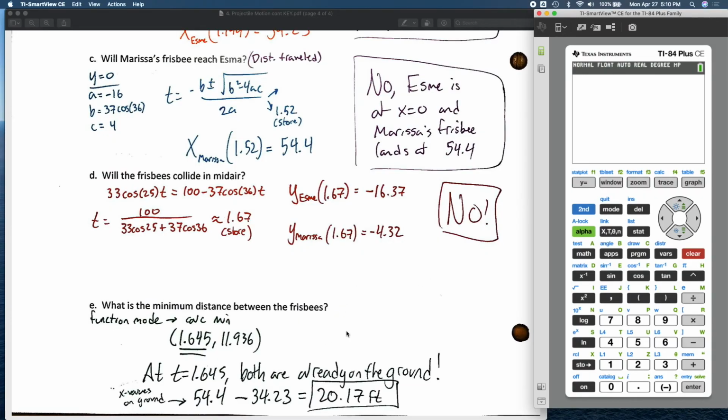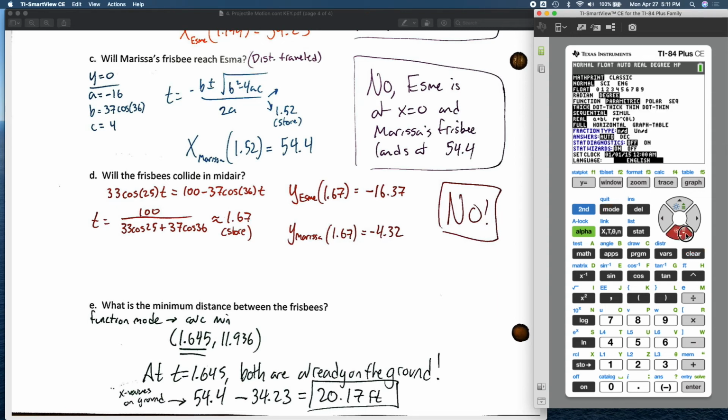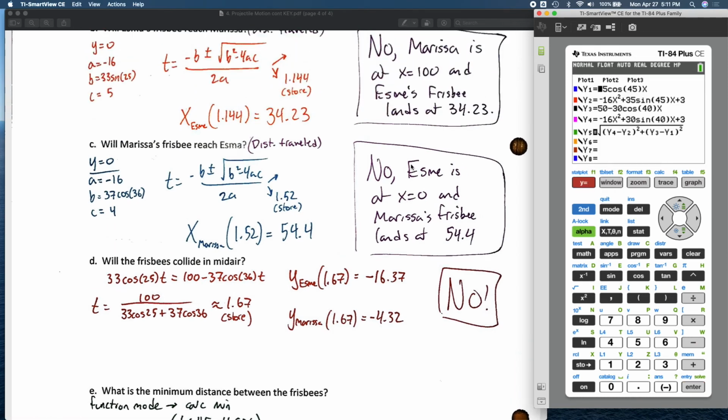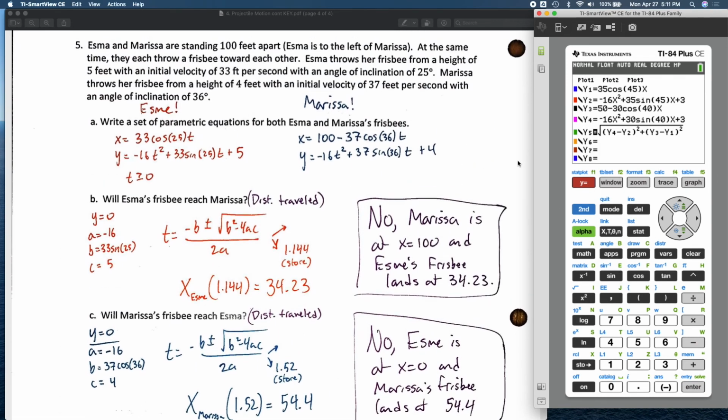Last one here, we have to find the minimum distance between Esme and Marissa's Frisbees. So I'm going to switch myself back into function mode. I'm going to jump up to the y equals, and I'm just going to modify the equation so that they match what Esme and Marissa's equations are. So you can do this by either just retyping them or very carefully editing what the numbers are to make them line up.